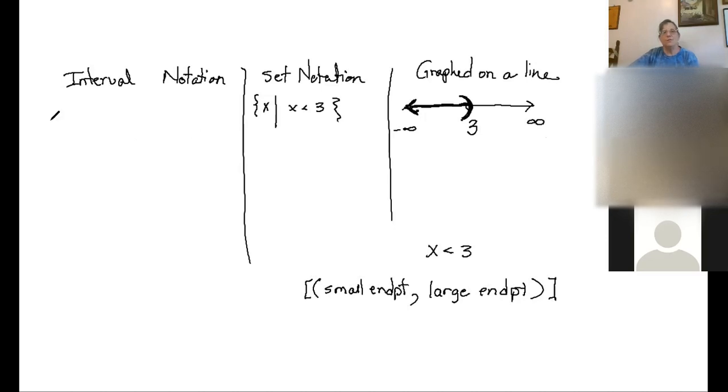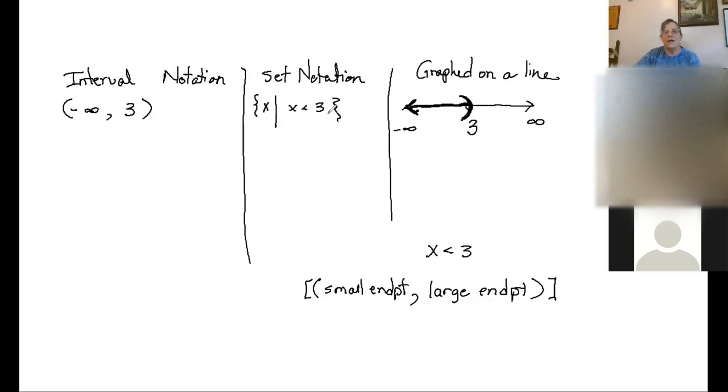This one is going to be a parenthesis because it goes all the way to the left forever. The small endpoint is negative infinity, and the one on the right is 3 with a parenthesis.